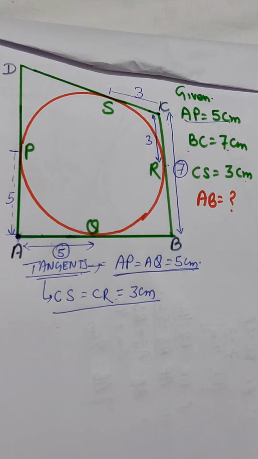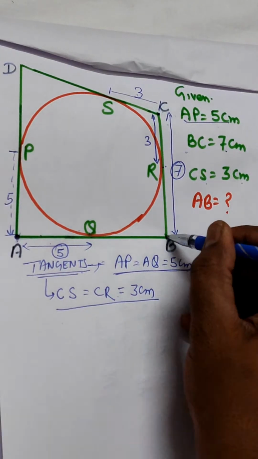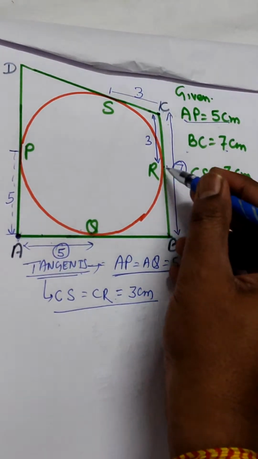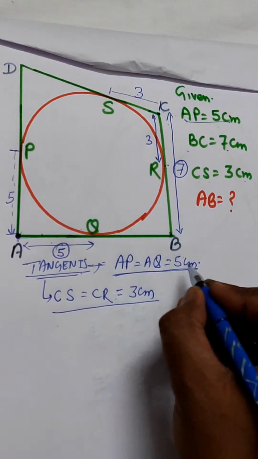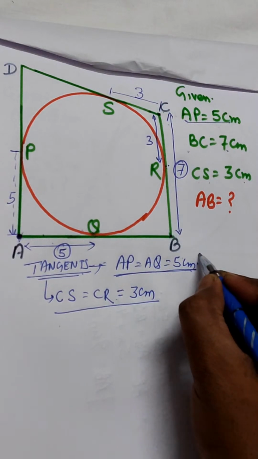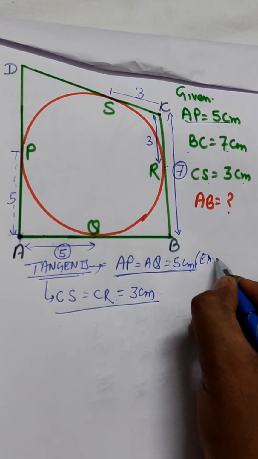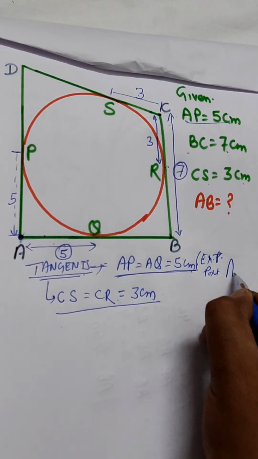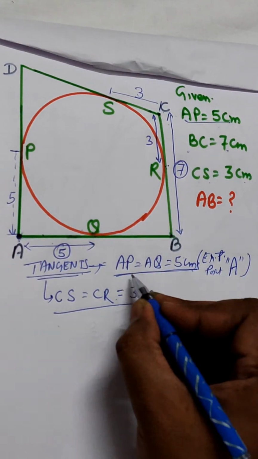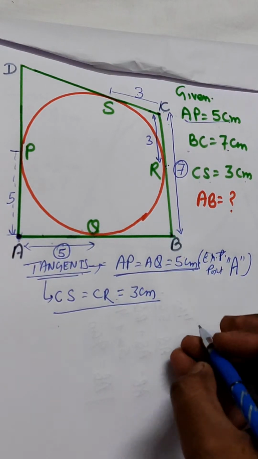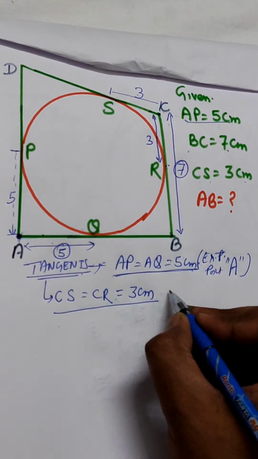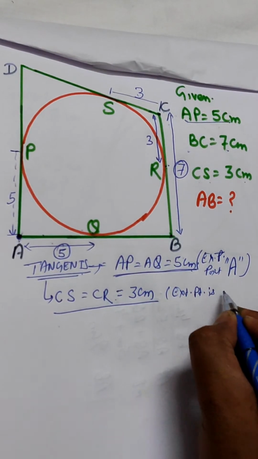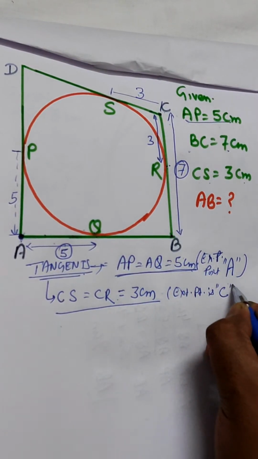Now from B, the two tangents are drawn. For AP equal to AQ, the external point is A, and for CS equal to CR, the external point is C, right?